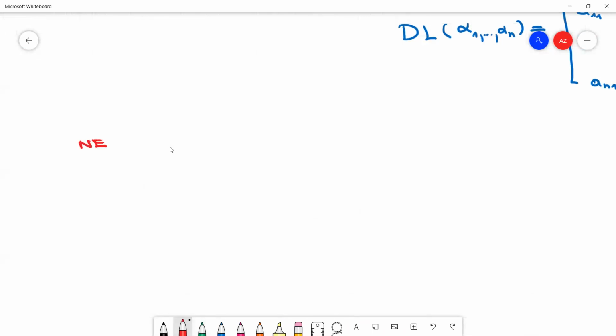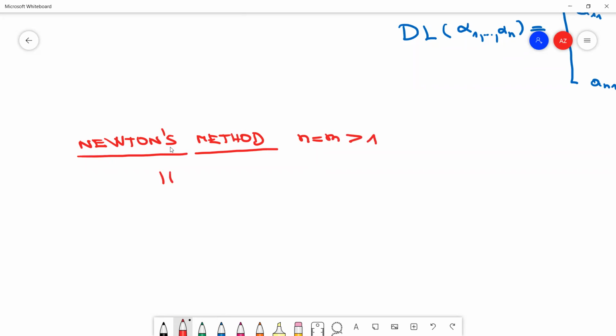Newton's method. n is equal to m, bigger than 1. h is a vector valued function of a vector variable. Choose x naught, a vector from R to the power of n.